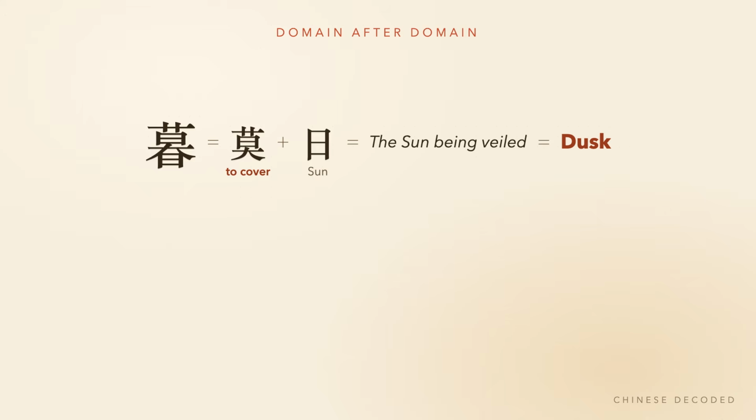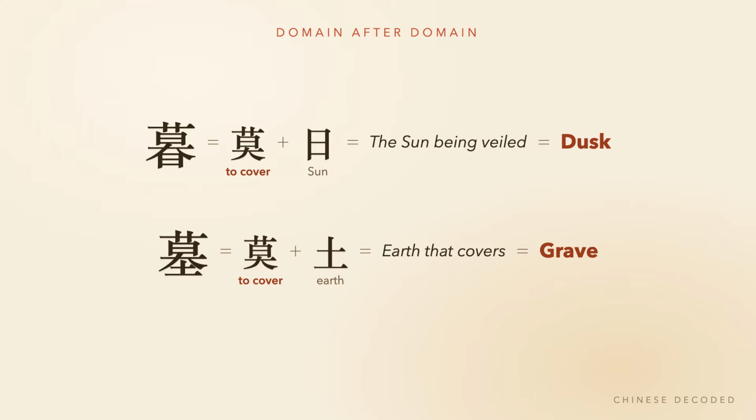The character for dusk, mu, is to cover plus sun, the sun being veiled. The character for grave, mu, is to cover plus earth, earth that covers. Same concept, landing in domain after domain.